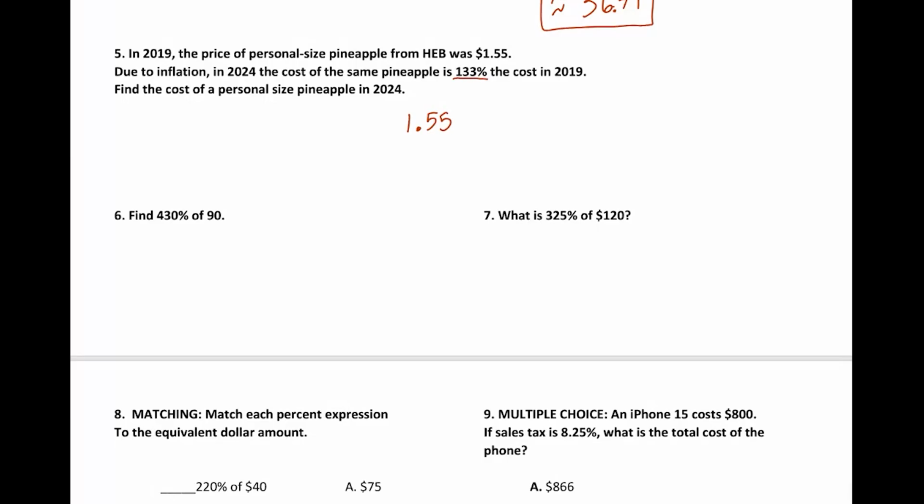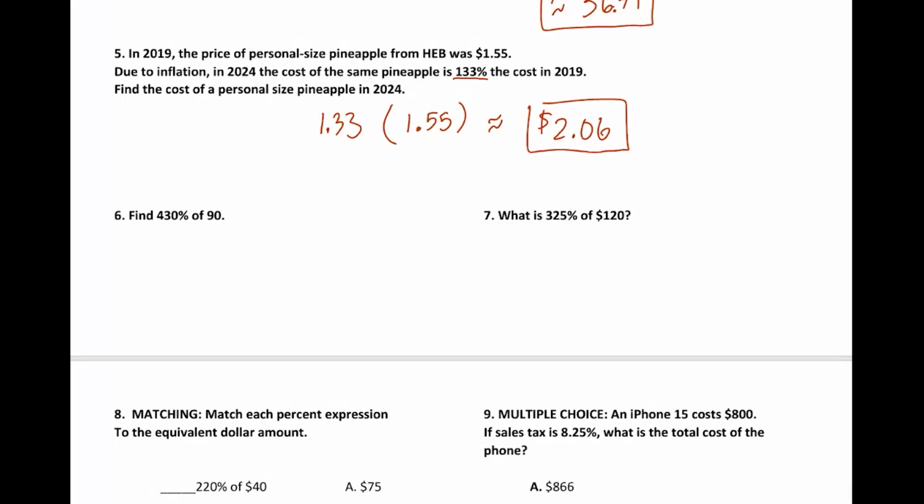So 133% as a decimal is 1.33, and we want to find 133% of $1.55. So if you type that in your calculator, you'll get approximately $2.06. So in 2024, the pineapple was $2.06. Back in 2019, it was $1.55.